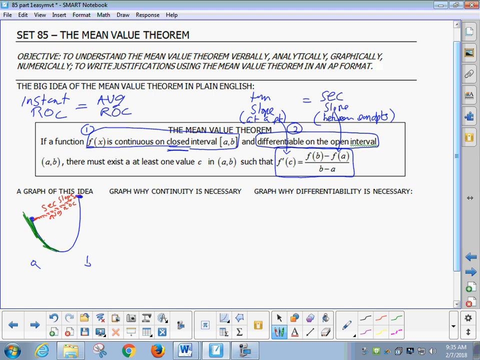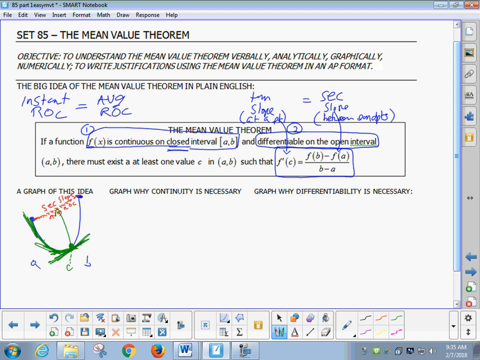But you can see that as I go further, I'm smoothing out and flatter, and there has to be a place where eventually the instantaneous slope has to be just like the secant slope. This point here, that's the C in between, where the tangent slope equals the secant slope.